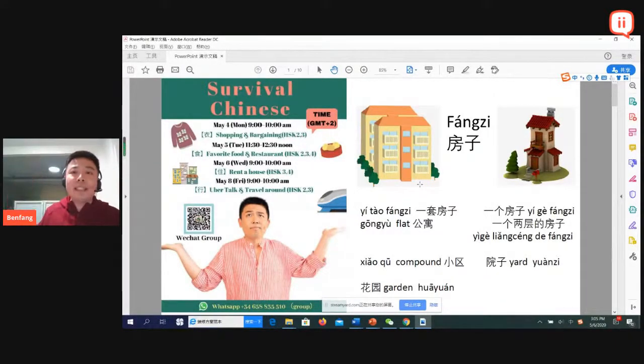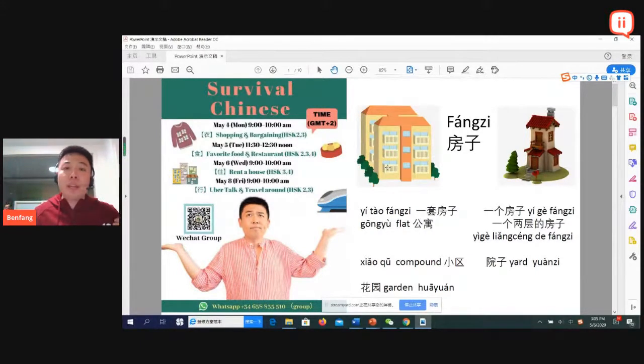But in the Western world, here is more 一个房子。非常好。The compound in China, we have 很多座楼, many buildings, right?